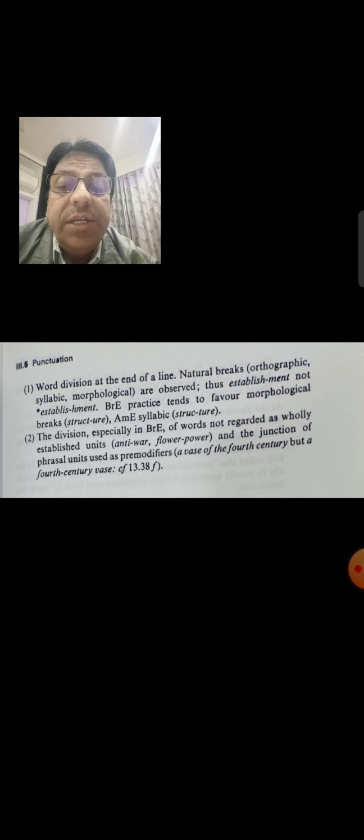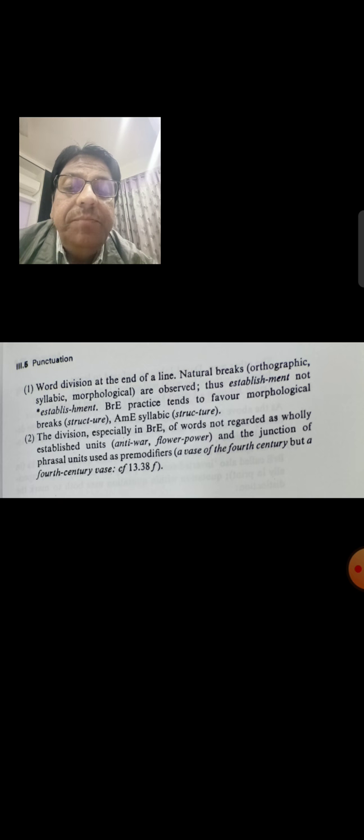First, morphologically, as you can see in this picture, we can have it as struct, then dash, then ure, which is followed in British English. And the syllabic, that is, we have struc dash ture, which is followed in American English. So the first one is morphological and the second one is syllabic.